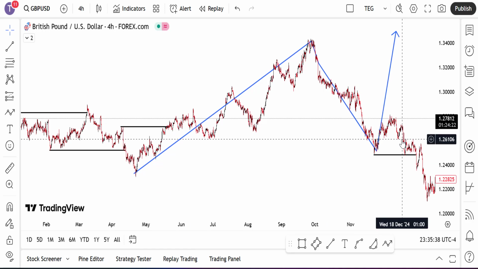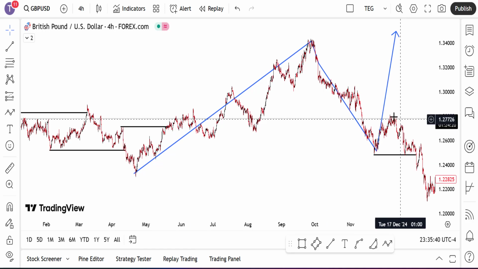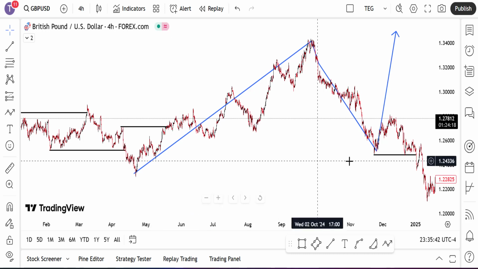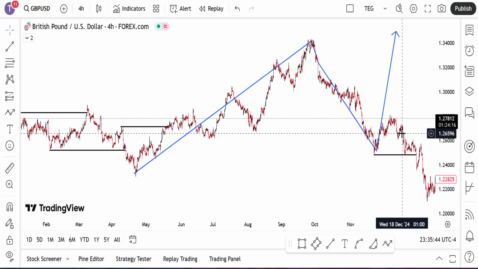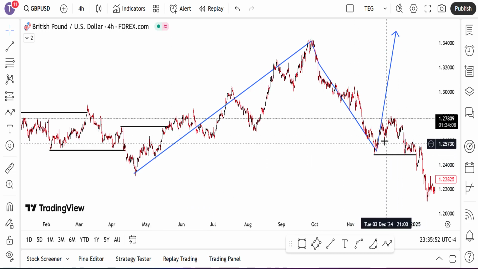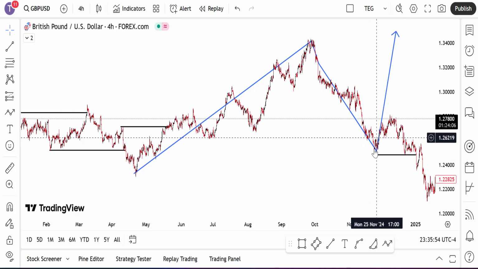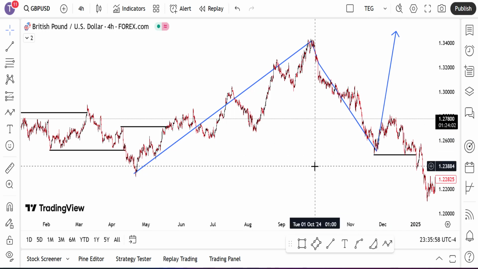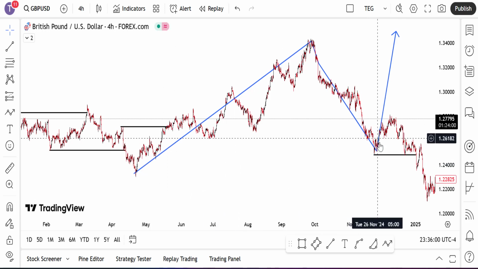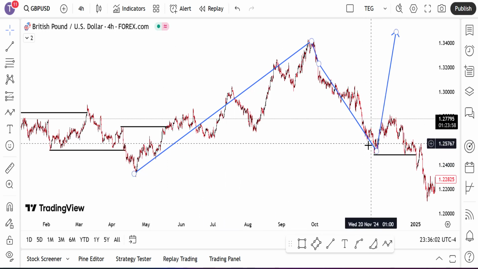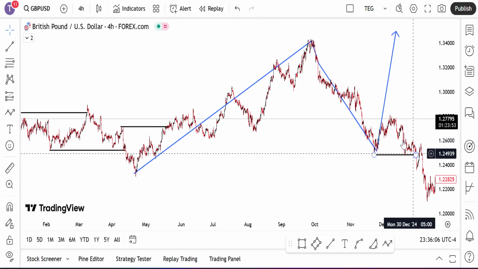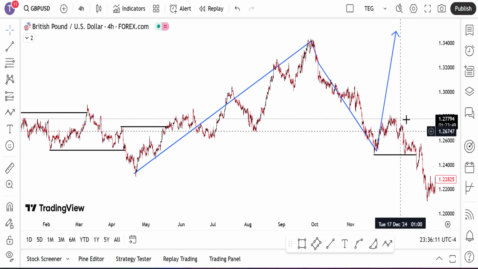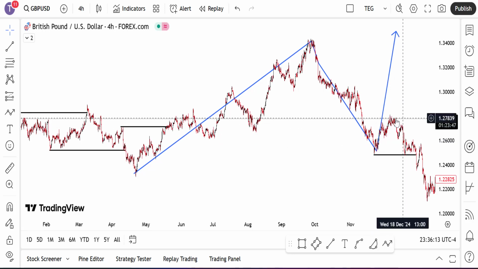This is because when price hits our long-term swings, know that these swings are our long-term swings. But when price hits our long-term swing low, this becomes our long-term swing structure. When price takes out these long-term swings, remember, this now becomes our long-term swings. Do you understand what I'm saying?